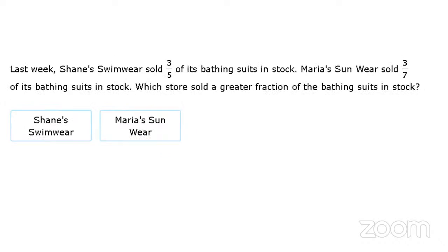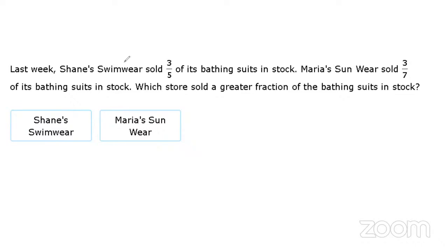Let's look at this one. This one says, last week Shane's swimwear sold 3/5 of its bathing suits in stock. Maria's sunwear sold 3/7 of its bathing suits in stock. Which store sold a greater fraction of the bathing suits in stock? So we're first going to represent that.